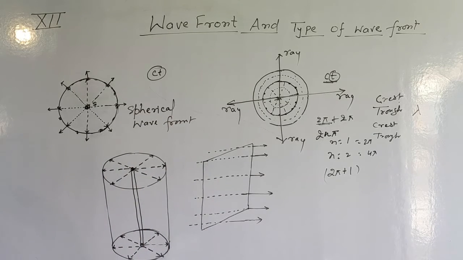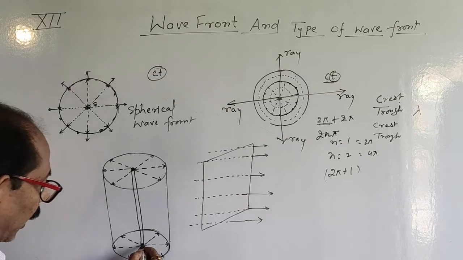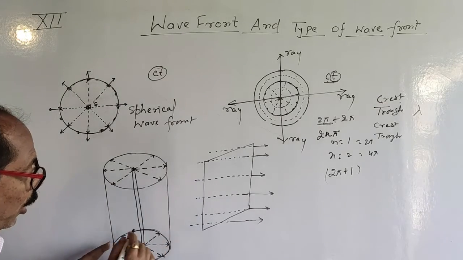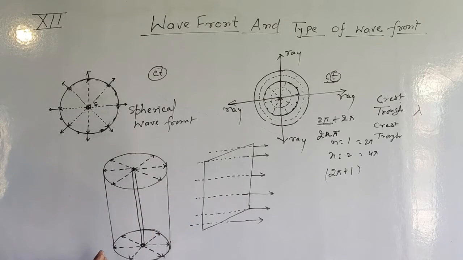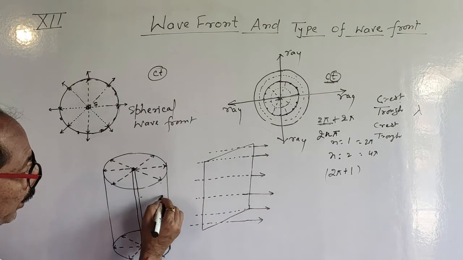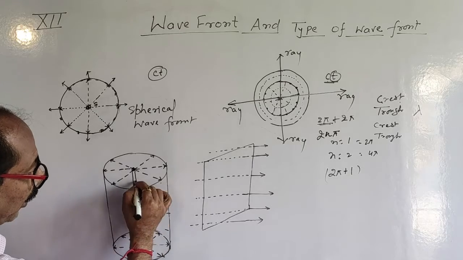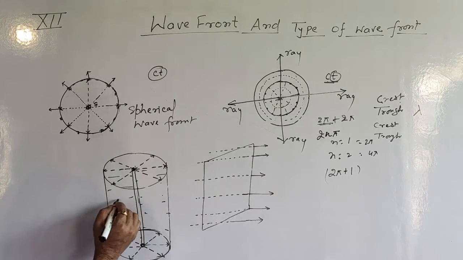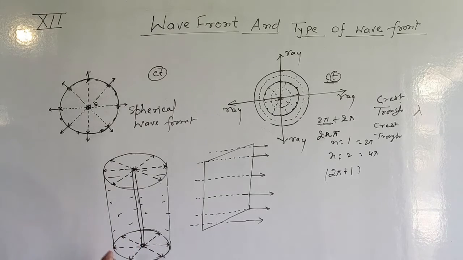Second, if the source of the light is linear, all points on the locus lie at an equal distance. This is linear, having a shape like a cylinder.